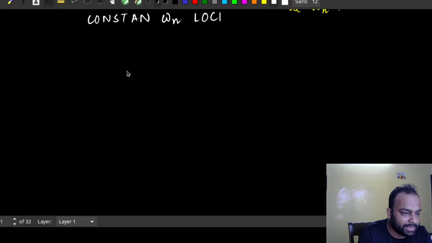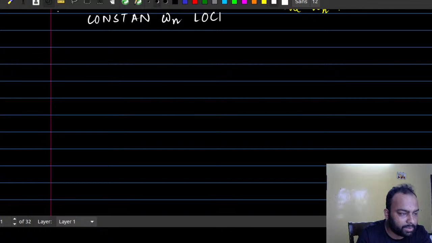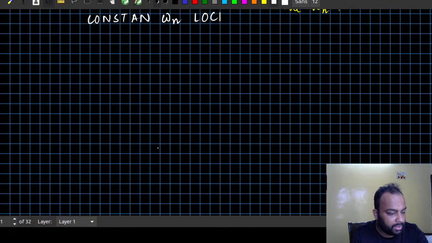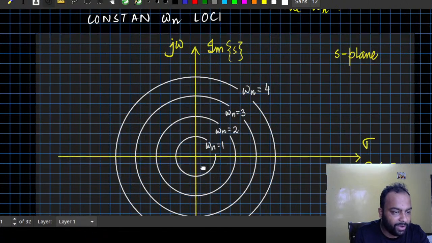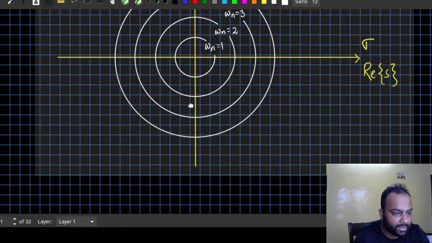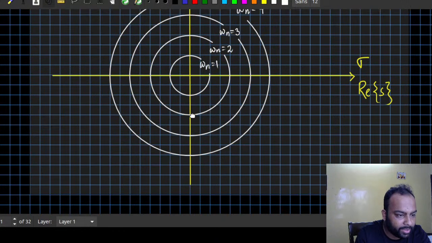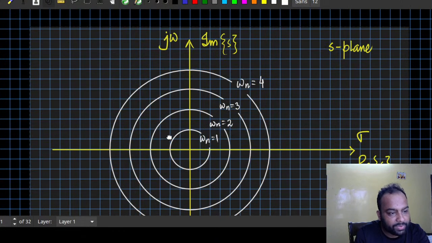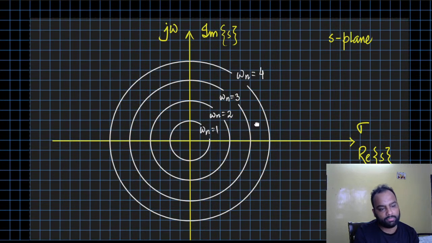So let's again change this. What did I do? Yeah. Thankfully, I copied one thing, and this is why we copy and paste. So if I have pole pairs anywhere on these circles, they would have the same undamped natural frequency.